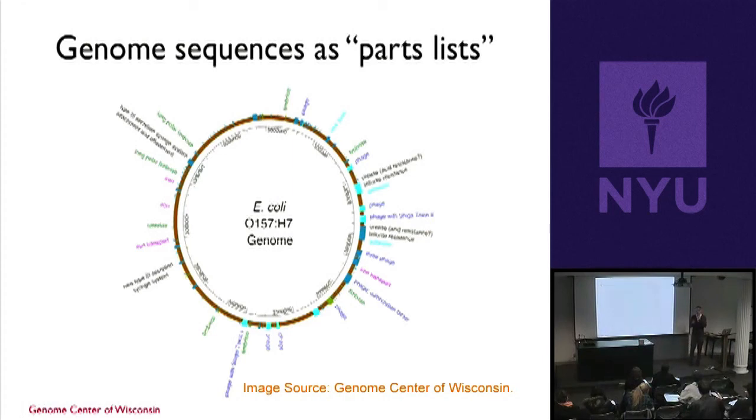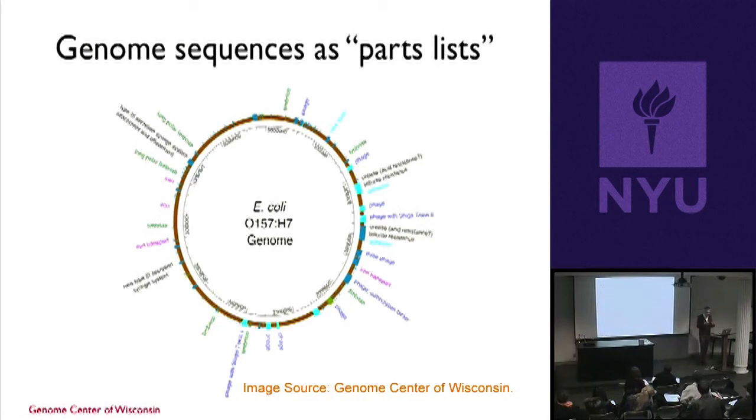So if I give you the sequence of the E. coli 0157 genome, and you find the genes in it, and you say, okay, I see iron transport, I see these toxins, I see those syringe proteins, I know this is something pathogenic because it has those proteins encoded in its genome, right? So this is something we can do in general. We can just look at DNA sequences and learn something about the organism from which those sequences came.